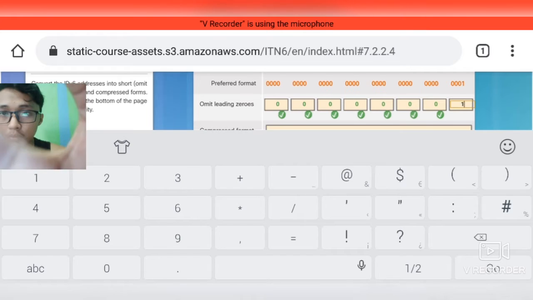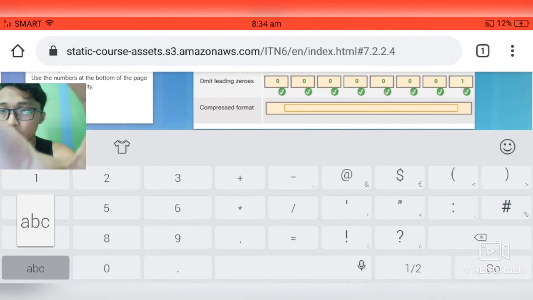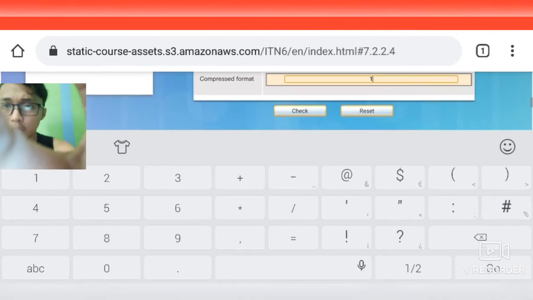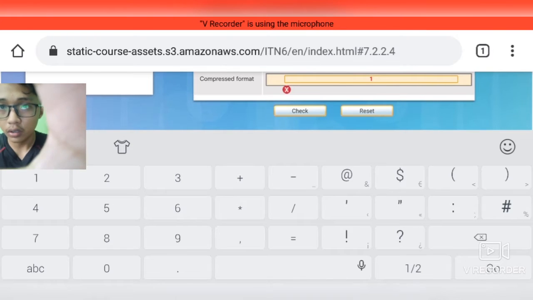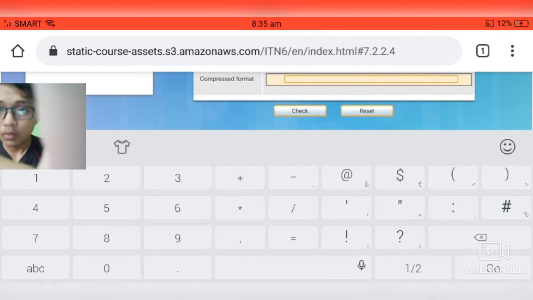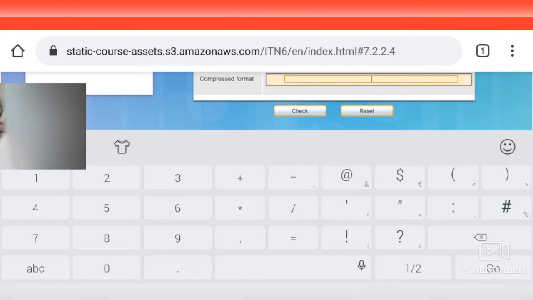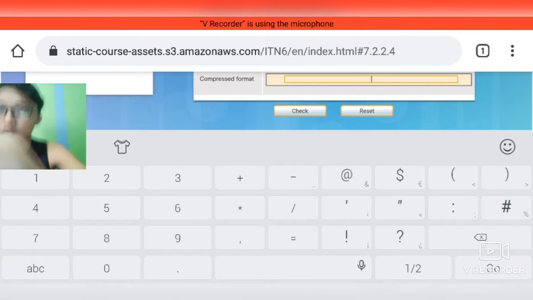So the answer in compressed format is, I think this, let's check if it is correct. So this is wrong. So we're going to compress this.